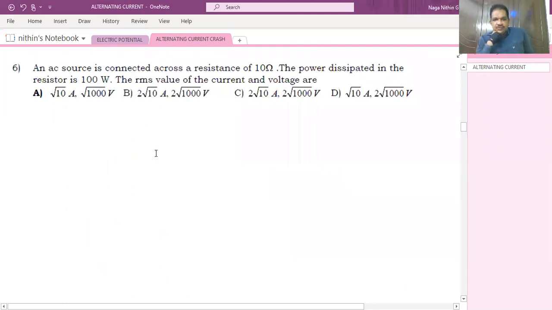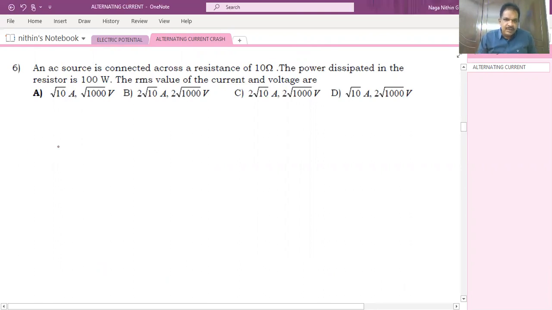An AC source is connected across a resistance of 10 ohms. Power dissipated in the resistor is 100 watt. RMS value of current and voltage will be how much?